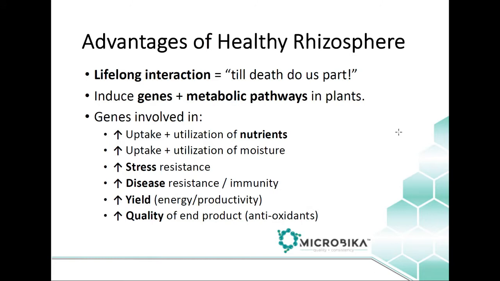And a very interesting one for me is that the microbes in the rhizosphere are actually involved in switching on genes, for example, for antioxidants in the end product. So a healthy rhizosphere not only gives you yield, but it also determines the quality of the end product, for example, the antioxidant levels.